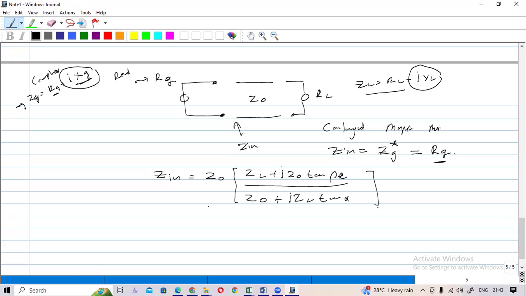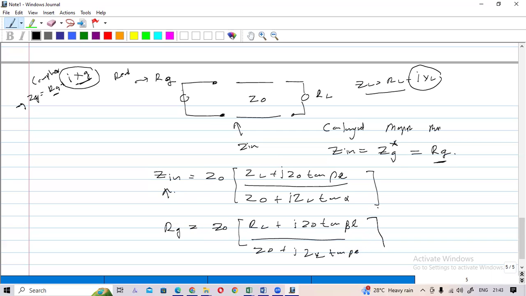Now, what is Z in? Z in should be Rg. You need to find the Z naught. ZL is RL. So Z in equals Z naught times (RL plus j Z naught tan beta L) divided by (Z naught plus j RL tan beta L).